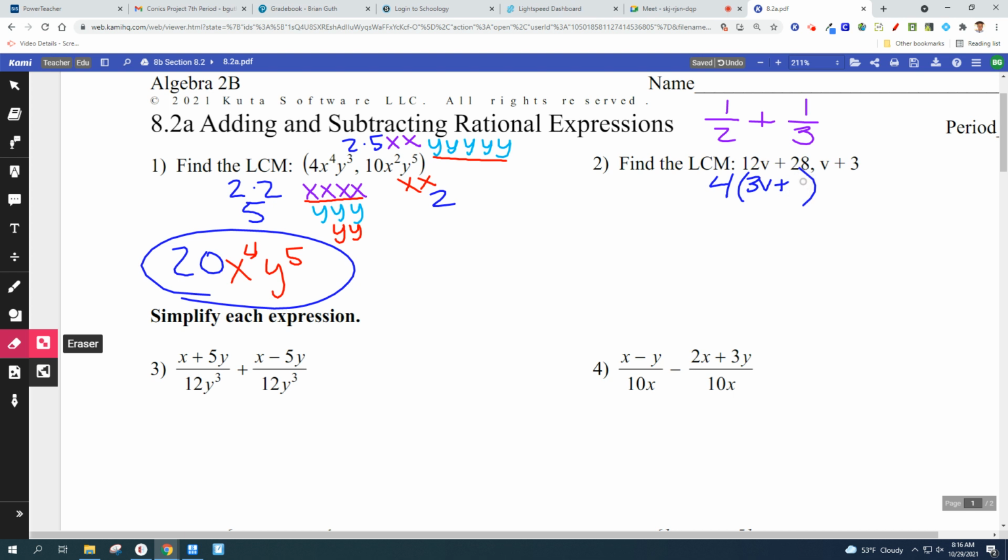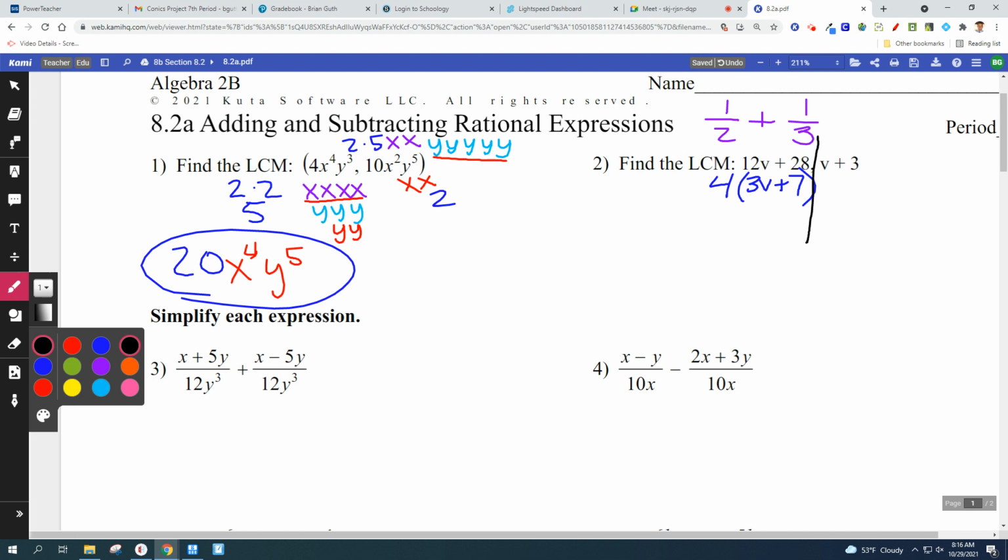It's 3v plus, anybody know? 7. Very good. So think about it as 2 different people. The person on the left has a 4 and a 3v plus 7, and the person on the right has just v plus 3.